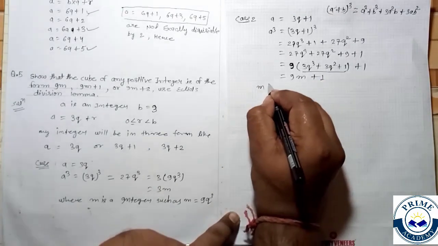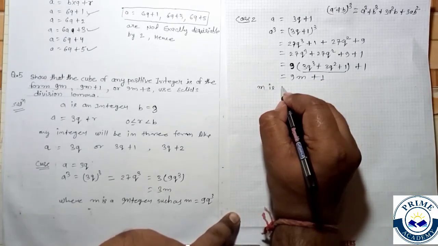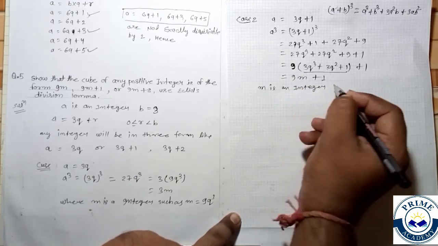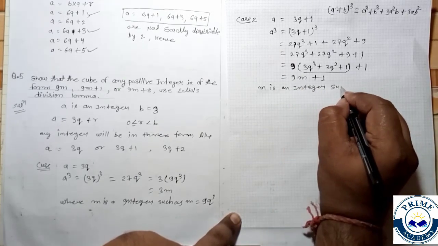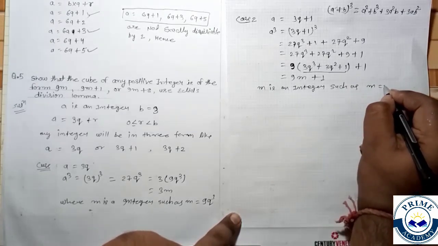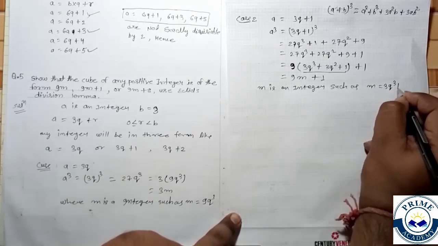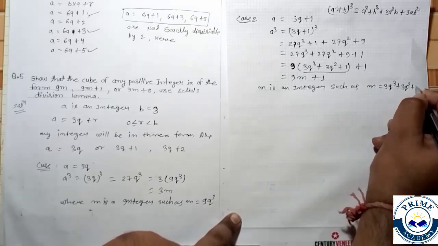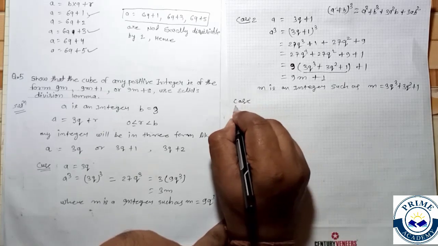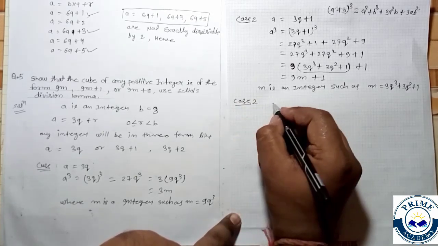M is an integer such as m equals 3q cube plus 3q square plus q. Similarly, this is the same as your previous questions, right?